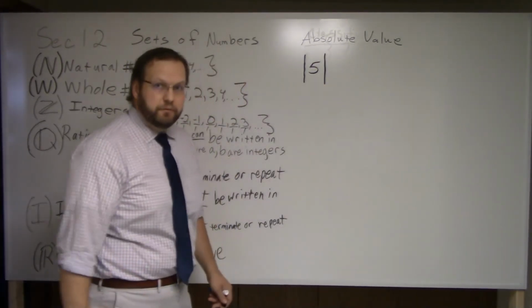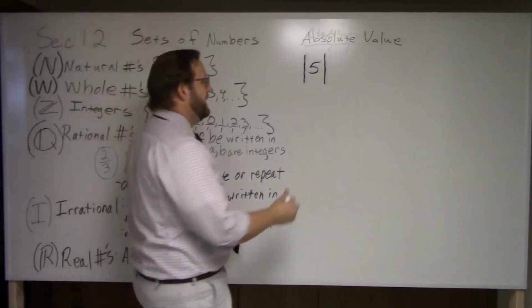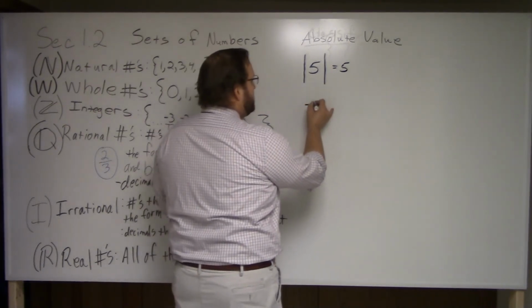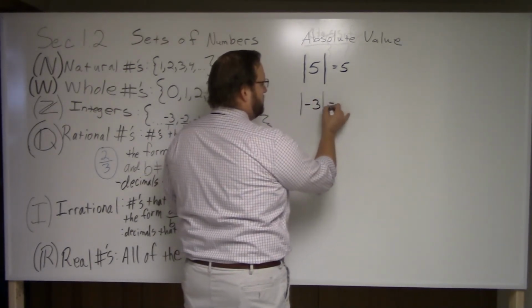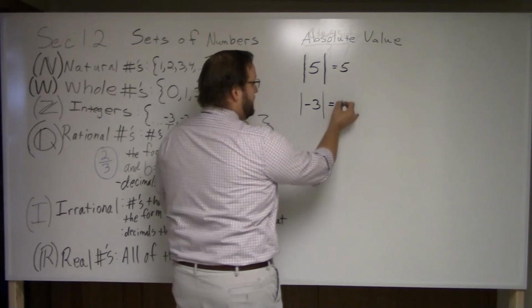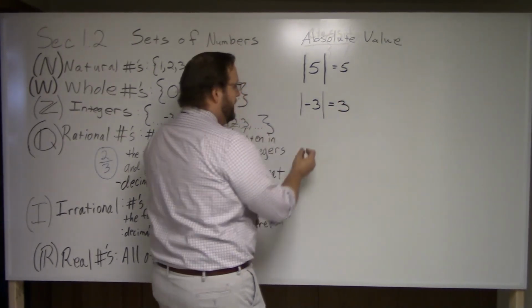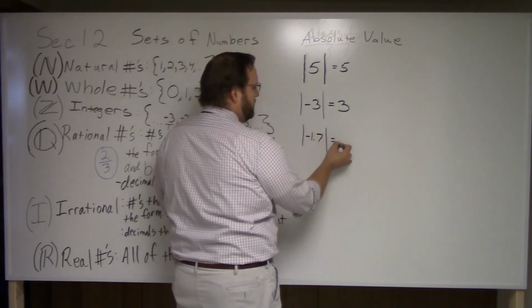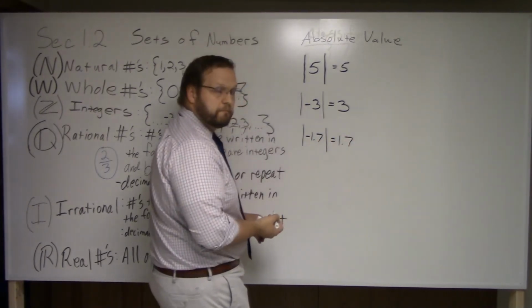So there's a 5. The absolute value of 5 is simply 5. Absolute value of, let's say, -3 is 3. Absolute value of, let's say, -1.7 is 1.7.